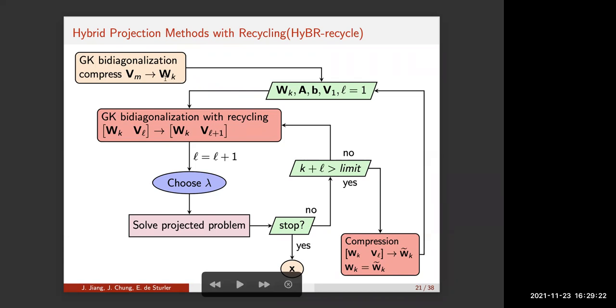This prior knowledge is not related to the current observation, but we can include it in WK. So WK at the beginning doesn't have to be the compression of VM. It can also be the prior knowledge we want to include.